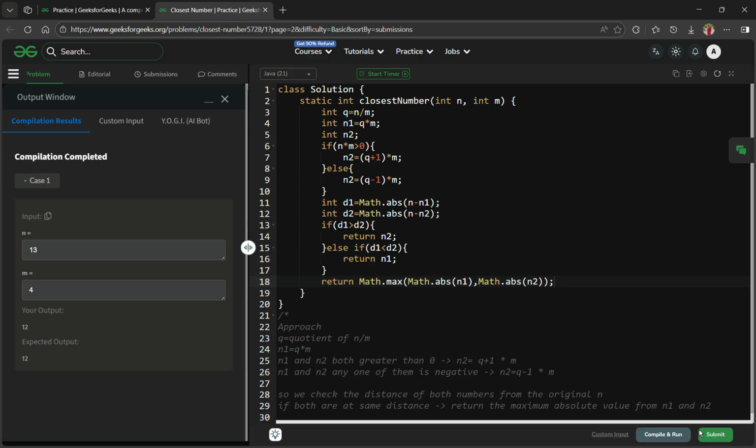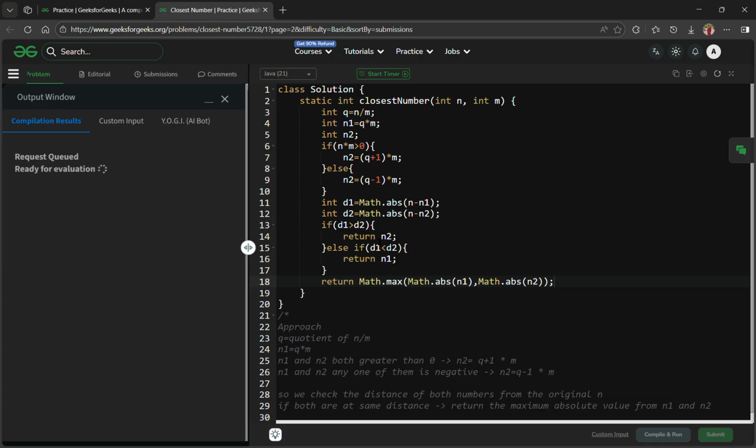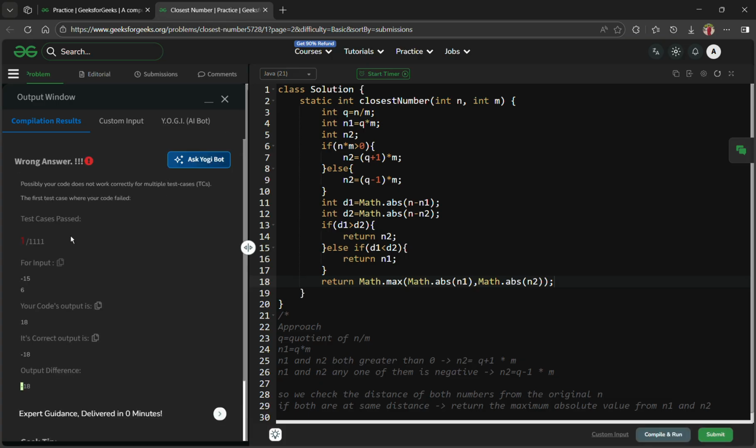The sample test case is passed. Hidden test cases, okay, we see it is failed. So okay, we need to return the actual numbers.